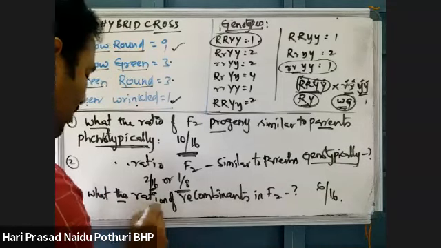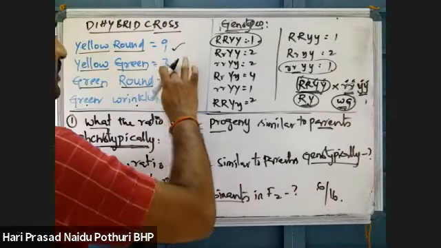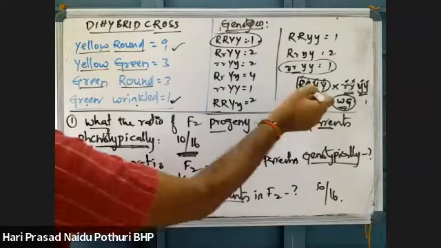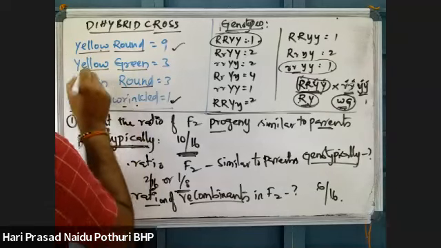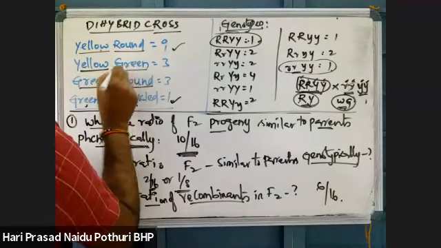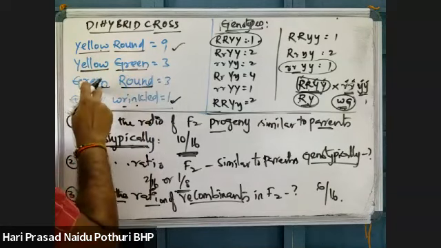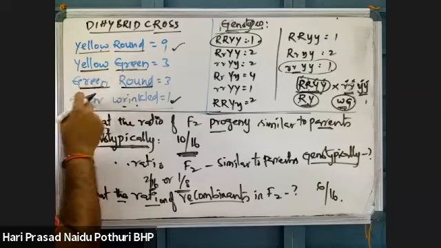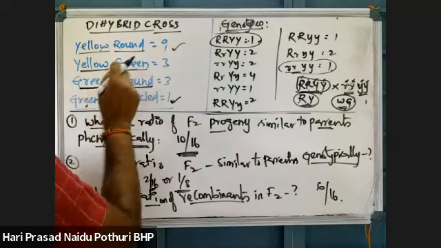The ratio of recombinants in F2: recombinants means non-parental combinations. Round yellow is one parental combination, wrinkled green is one parental combination, but round green means non-parental combination. And green yellow is another one.